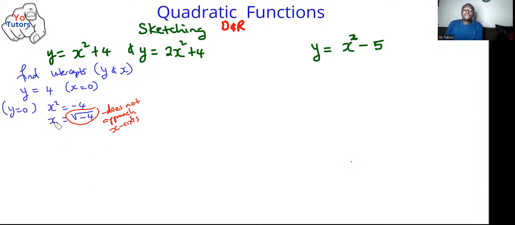So from now we know that it does not affect the x-axis, so we're not going to worry about x-intercepts in this case. We're going to draw our graph now.